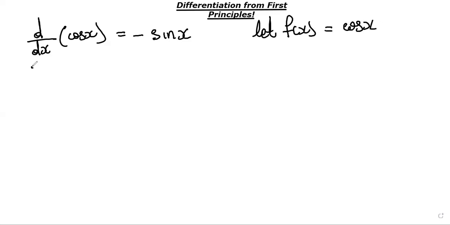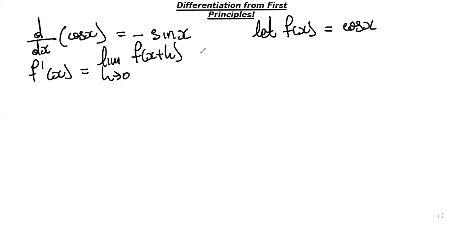And this is how we define the derivative of a function. It's the limit as h approaches 0 of f of x plus h minus f of x, and this whole thing is divided by h.